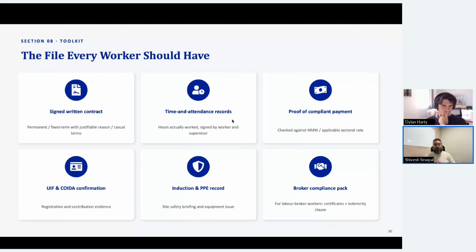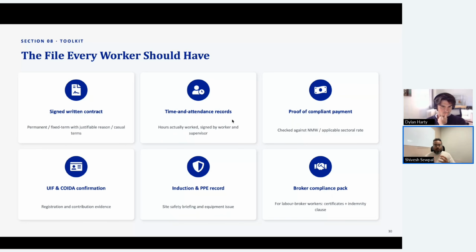That file should include a signed contract or written terms, time and attendance records, proof of compliant payment, UIF and COIDA confirmation where applicable, induction and PPE records, and where a labor broker is involved, the broker compliance pack and service agreement. Why does this matter?